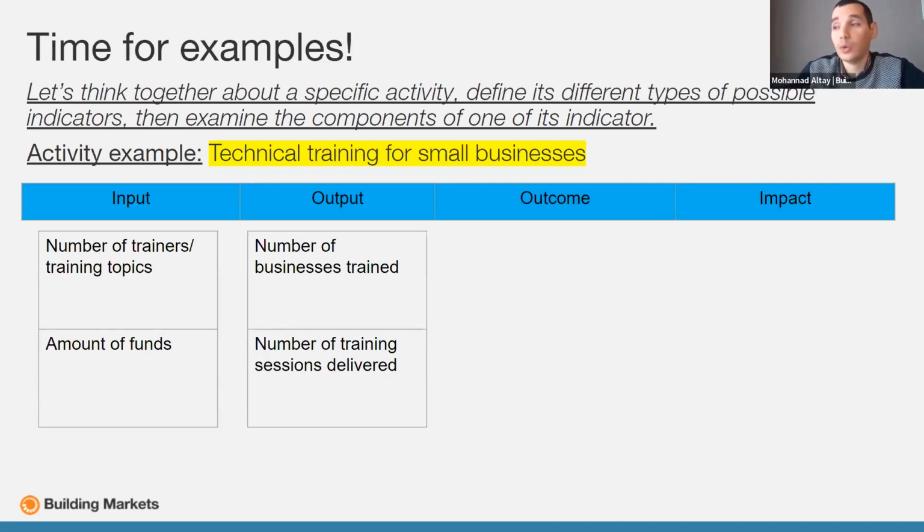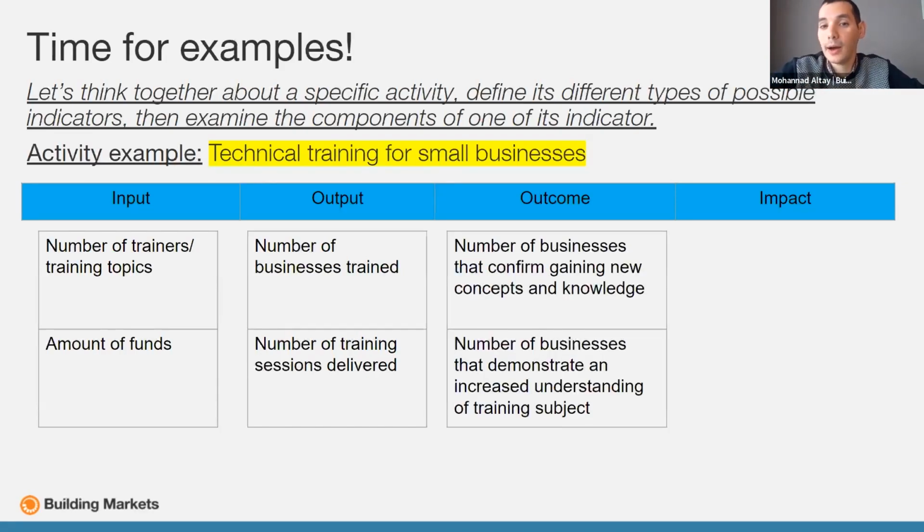This is an idea for an output indicator. Another idea is how many sessions we delivered. Say we spent $50,000 on the training services. Let's see how many training sessions we were able to deliver using this amount of funds and the HR resources.